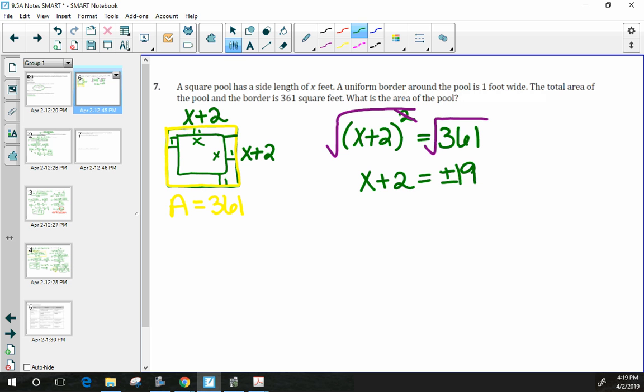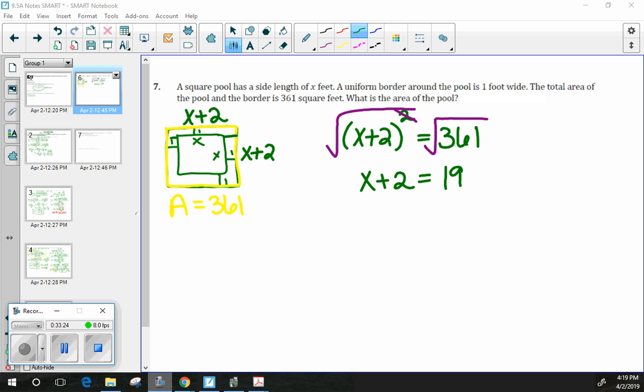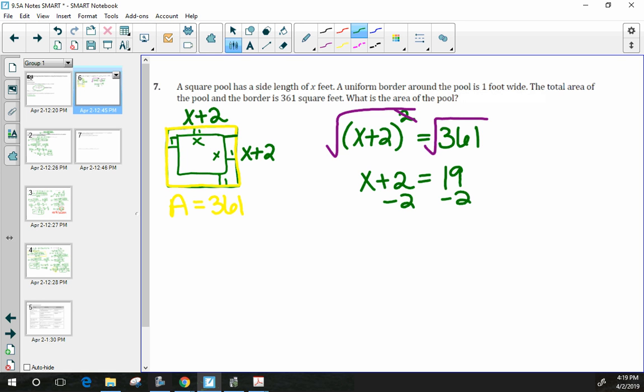However, because this is the dimension of a side of a pool and its border, the negative does not make sense here. So I'm just going to entertain the positive option. Then all I have to do is subtract the 2. So the pool side is 17 feet.